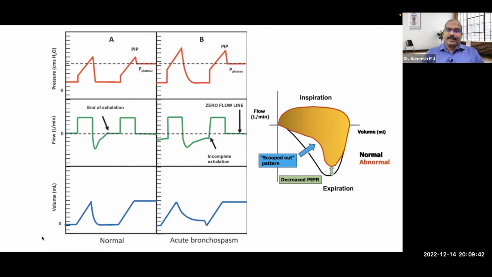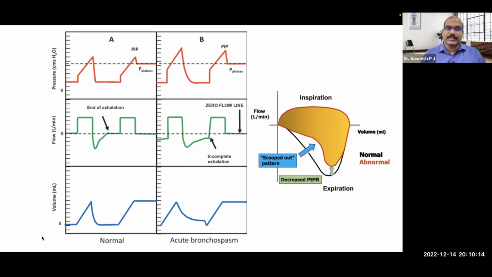Now we can see you get this flow volume loop on your screen. Look at the scalars side. What do you find there? Again, there is a normal plot given for your easy understanding. In the acute bronchospasm phase, phase B, you can find the peak pressures going up. Look at the bottom part. Volume delivered may be less.